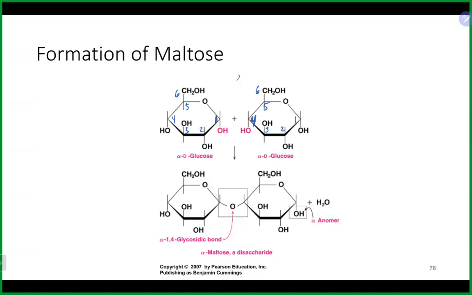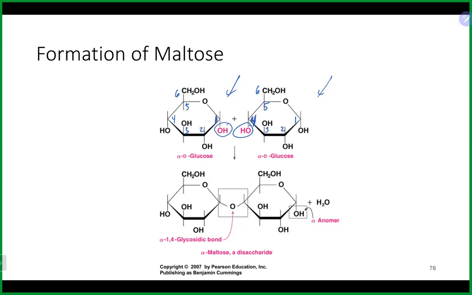The glucose molecules here, they're alpha, right? Because that carbon number 1 OH group is pointing down. So what happens when these two come together is we remove water from those two. If you think about water, which is H2O, you get rid of two H's and one oxygen, which leaves you one oxygen left.